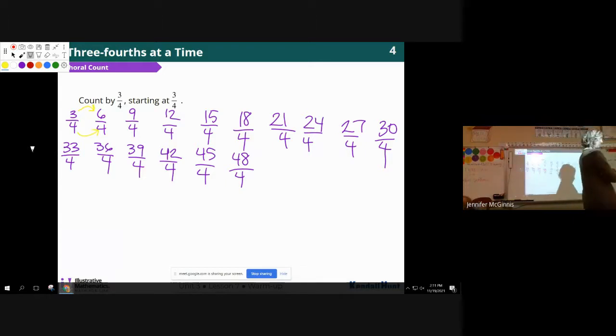It stays the same because we're counting by 3/4, so only the numerator will go up. Annabelle, tell Landon. It's because that's how many equal parts we have in the whole. Landon, we're counting by fourths.